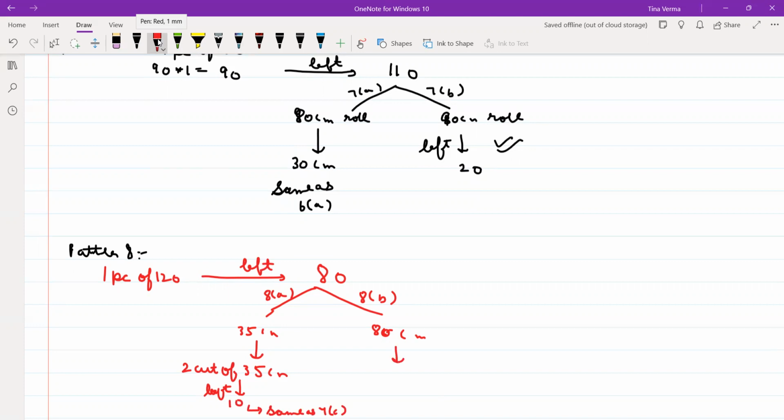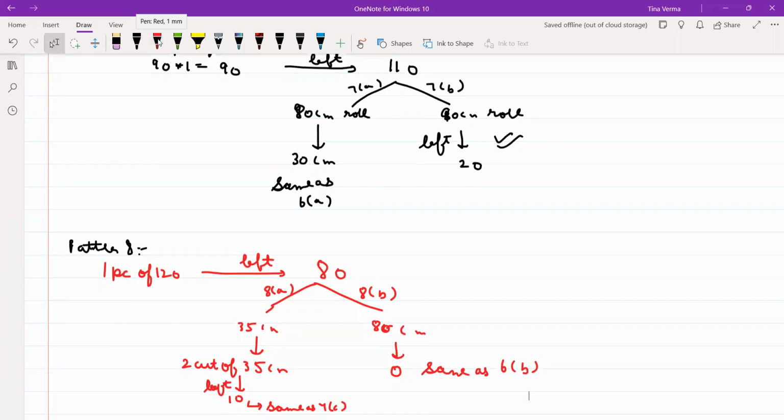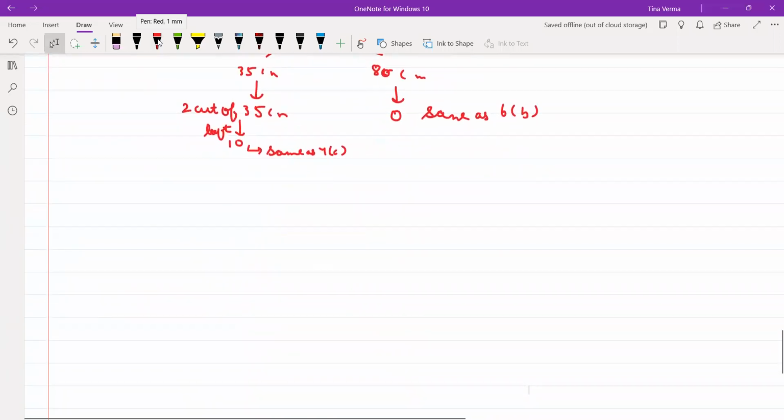So if you cut 80, you are left with 0. So that means same as 6B, right? So you have discussed all the patterns and I am writing in table form.